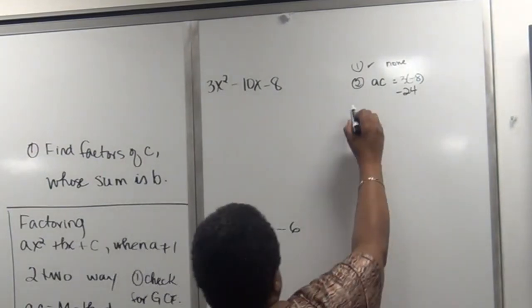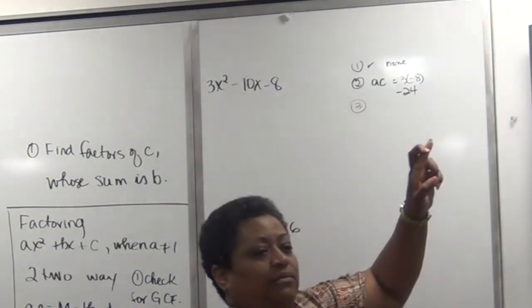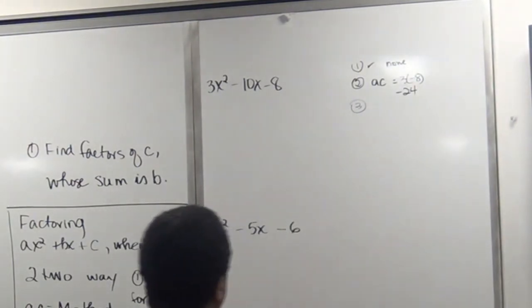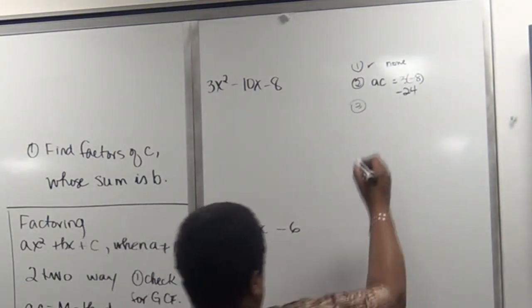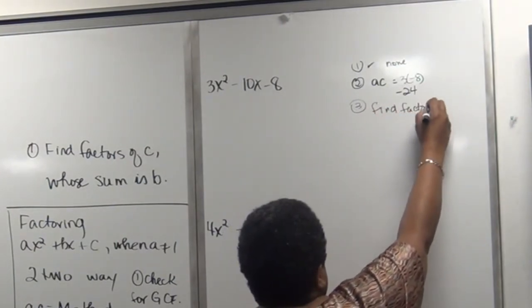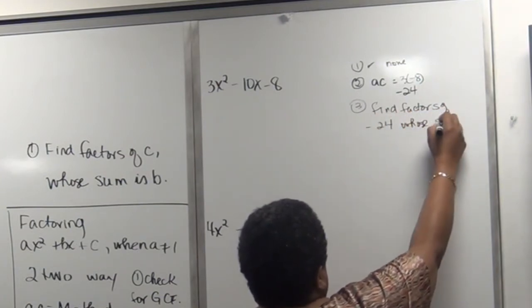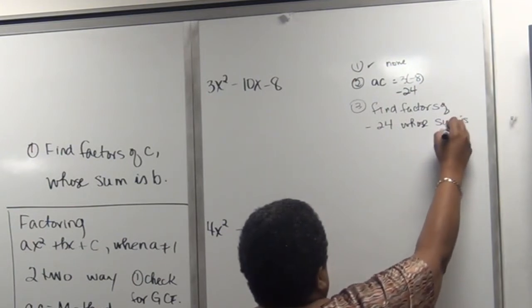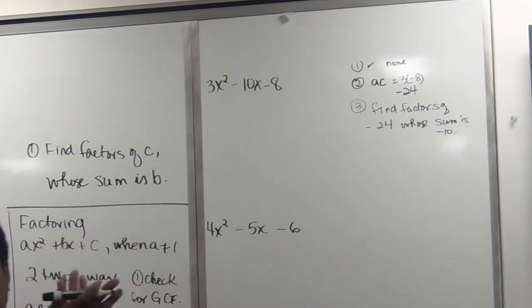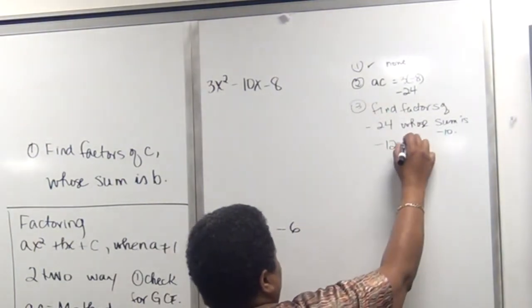So now we're on number 3: find factors of negative 24 whose sum is negative 10. Anybody know? Negative 12 and positive 2.